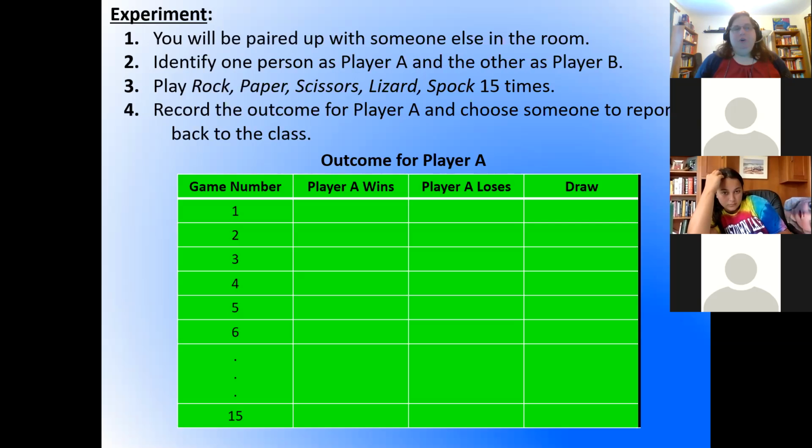You're going to identify one person as player A and the other person as player B. You're going to play rock, paper, scissors, lizard, Spock, and I'll give you those rules again. You're going to play that game 15 times, and you're going to record the outcome for player A and then choose someone to report back to class. So in other words, you're going to play this game 15 times.